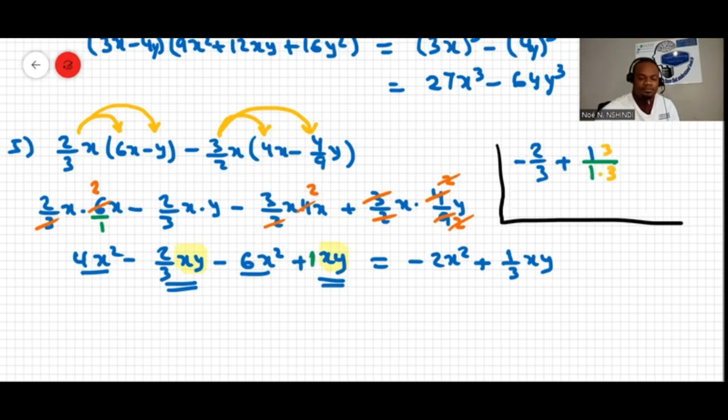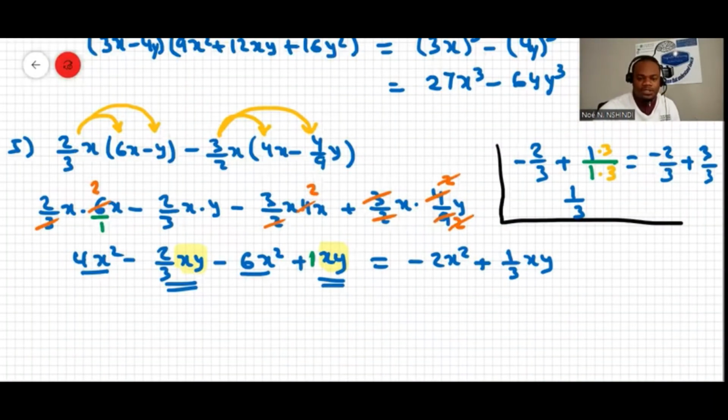And then this is going to be negative 2 over 3 plus 3 over 3. Now that the denominators are common, we can just add the numerators. Negative 2 plus 3 is 1, so 1 over 3. And then I can place my xy here. So the coefficient makes 1 over 3.